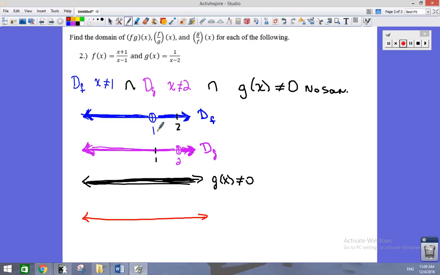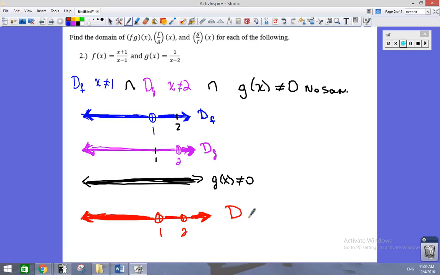1 is not in the set because it's not in the domain of the first function, and 2 is not in the domain of g. And so we get the same answer for f over g that we did for f times g. Sometimes that happens, and it's kind of nice when it's the same answer.